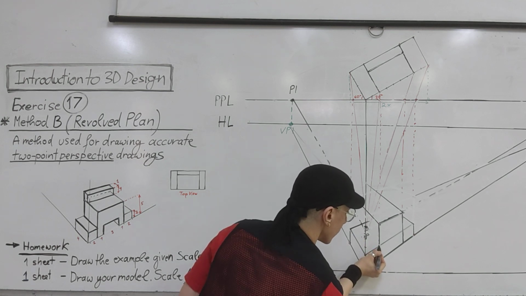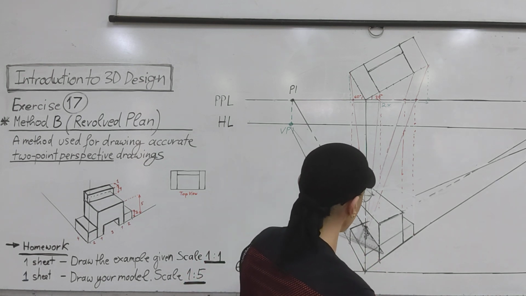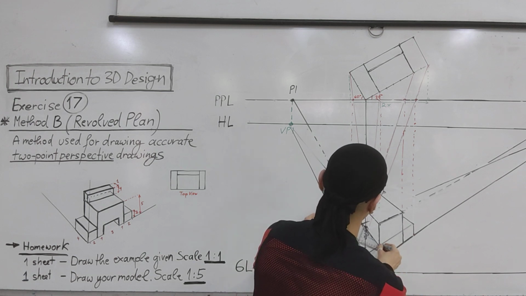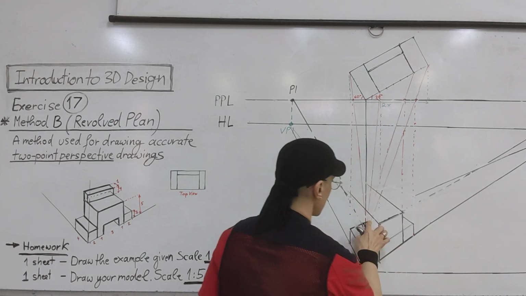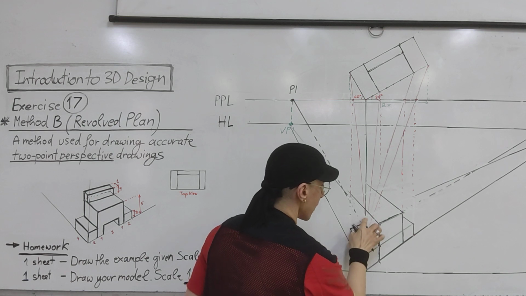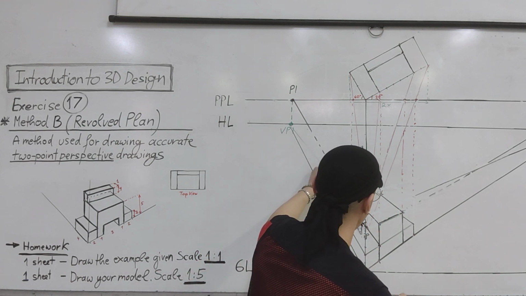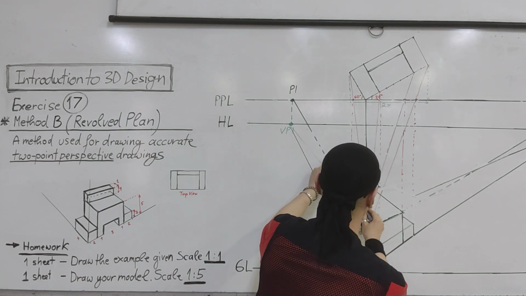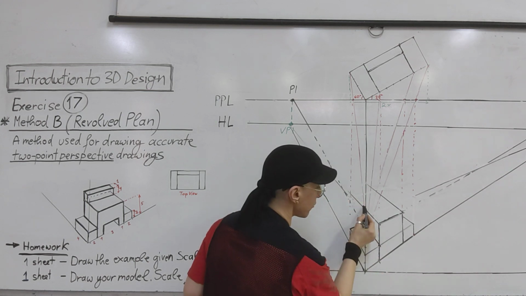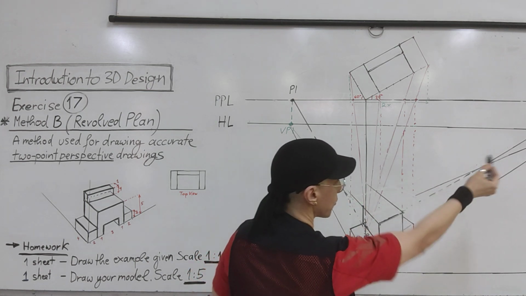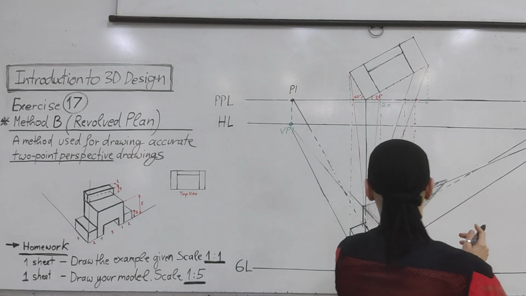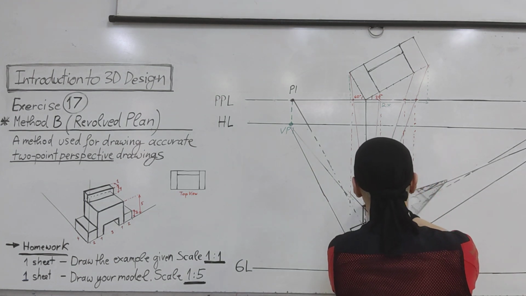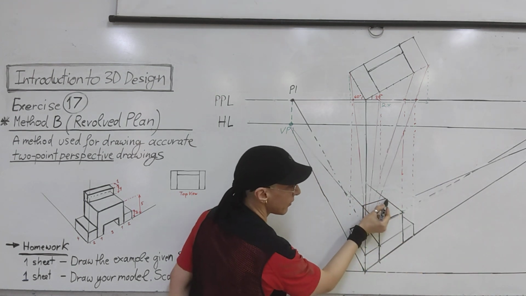And from this point, where they intersect, to the vanishing point, so they will intersect here. From this point, I will put up until it touches this line. From this line, I will take to the vanishing point until it touches this line. Okay?